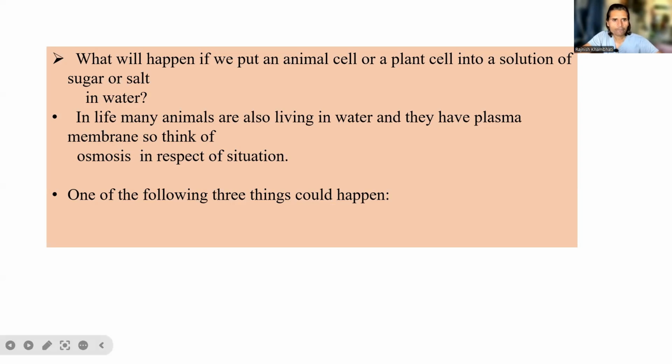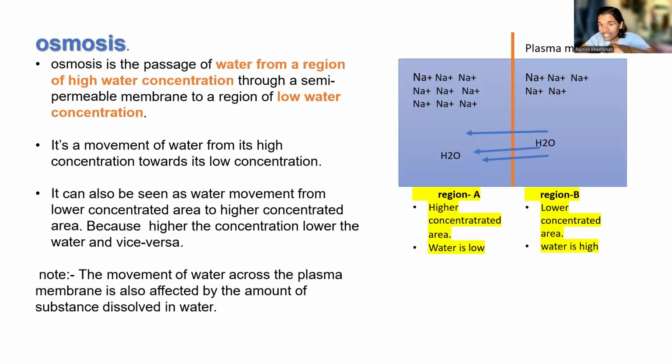In life, many animals are also living in water and they have a plasma membrane. So think of osmosis with respect to this situation. Let me go back. See, what is happening here?